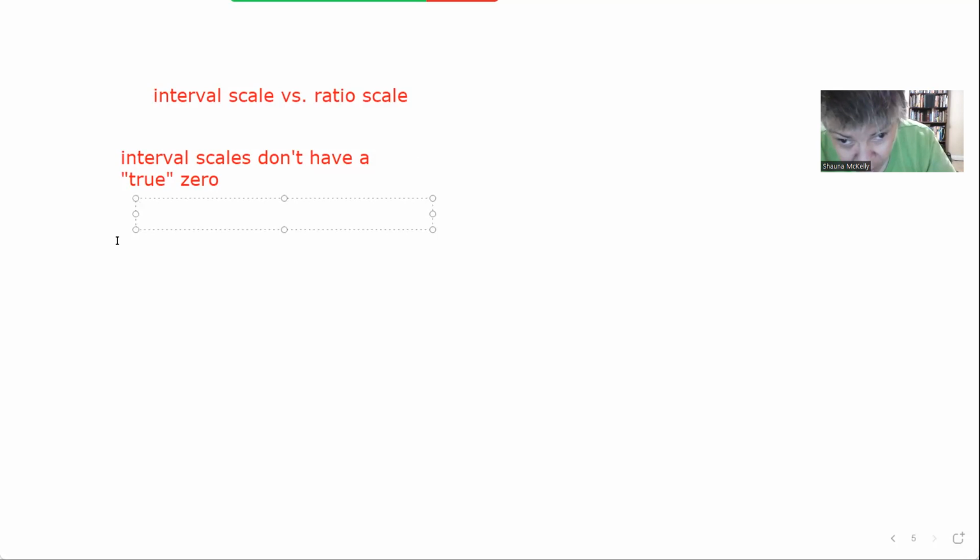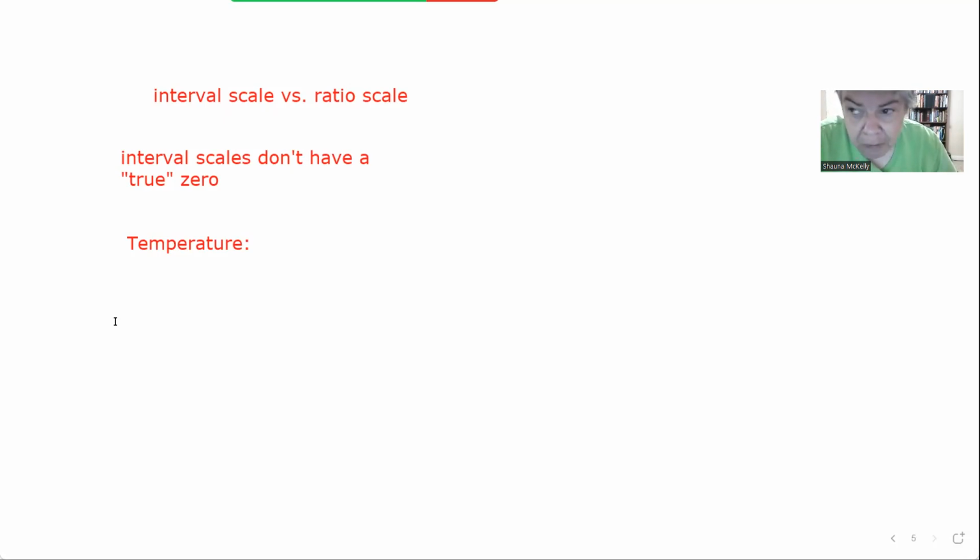For example, the biggest example of this, there are others, but the biggest one is temperature scales. If you go outside and you read the thermometer and it says 0 degrees, that doesn't mean that your thermometer failed to register temperature. It means that it's zero degrees outside from where we start measuring where 1 and 2 and 3 and 4 versus -1, -2, -3, and -4 are.